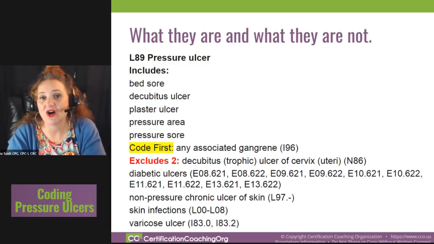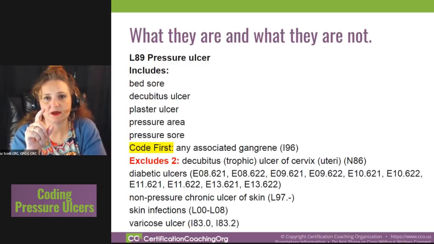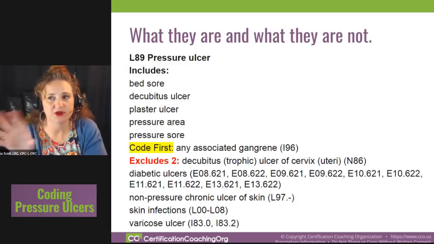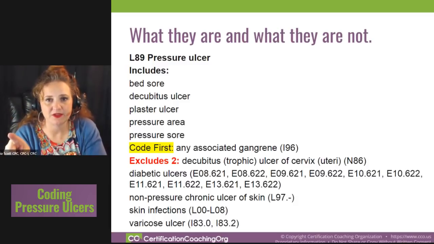So other words that are synonymous with pressure ulcers are going to be bed sores. You hear that a lot in skilled facilities, nursing homes, right? Home health. Decubitus ulcer. Now, when you see a pressure ulcer, they will abbreviate it as a PU, okay? Don't get it confused with a PE. That's a pulmonary embolism, okay?